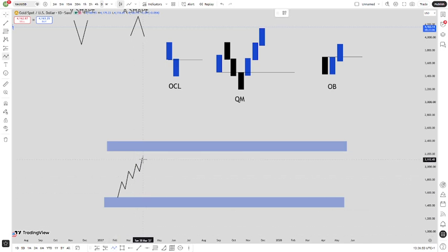Now, if price gets to this other zone, which is our resistance zone, you see price tap this zone and give a reaction, let's say a market structure shift, a change of character, or a break of structure. So now price starts moving to the downside.